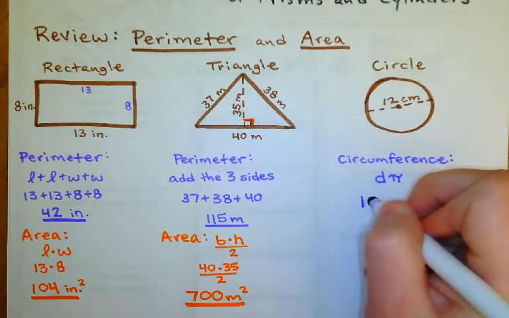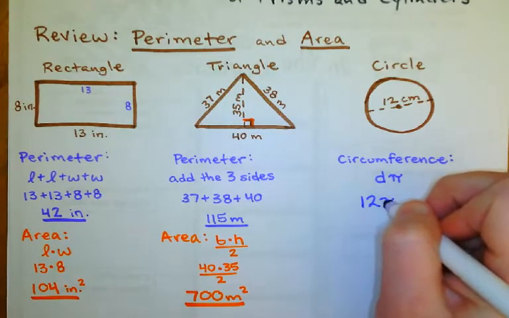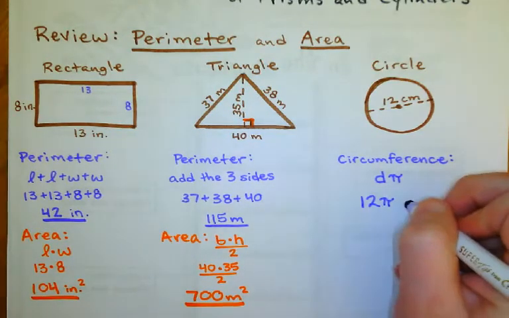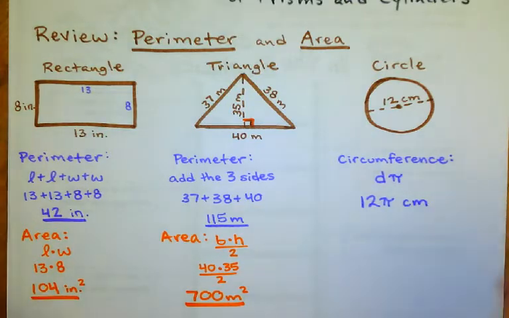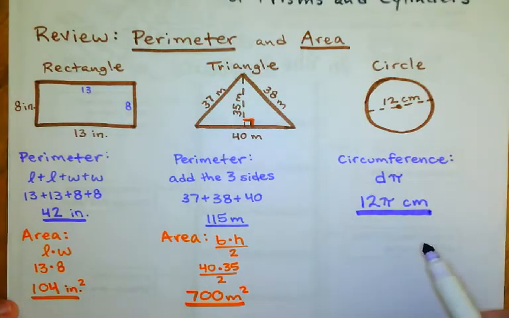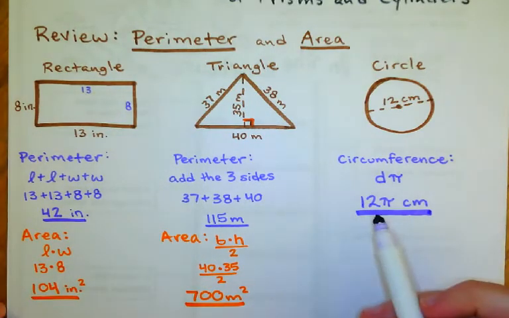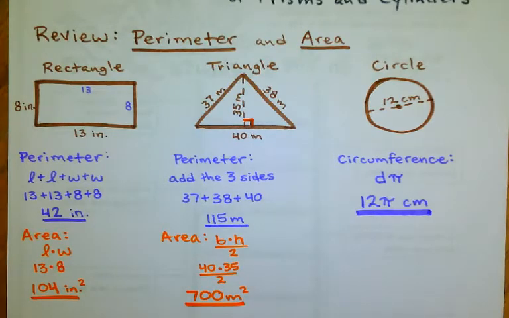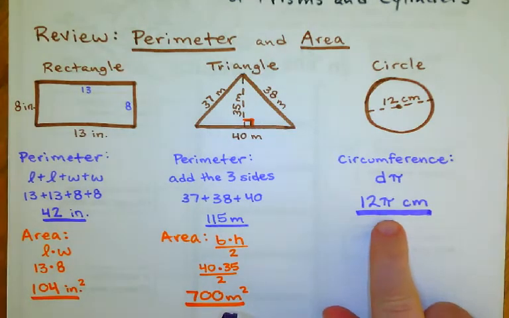So we're going to get 12 pi centimeters. And there's our circumference. I would like us to go ahead and leave it like this. Leave it in terms of pi and not take 12 times pi in our calculator until the very end when we implement this into surface area and volume. So right now we're going to leave our answer like this.